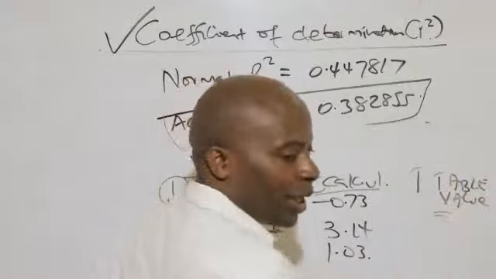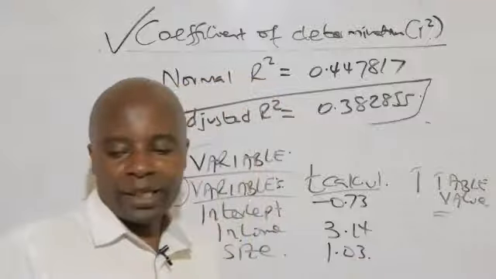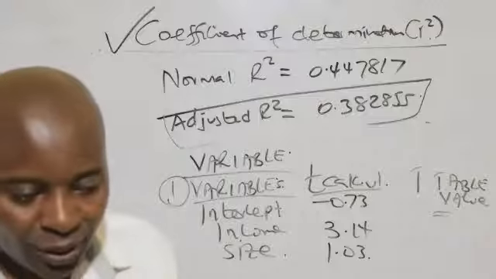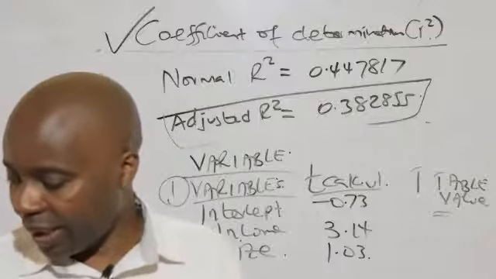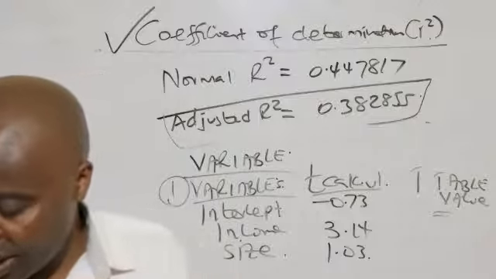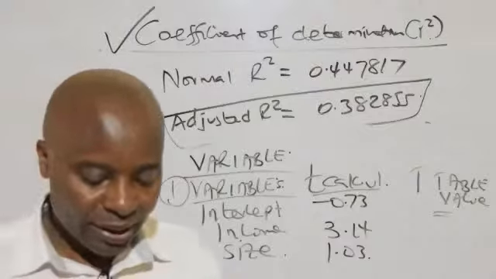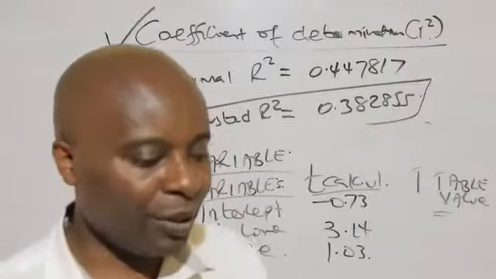Which I would want you guys now to read for me. Kindly read for me this one. I've read for you these things separately. The T tables value will be equal to what?